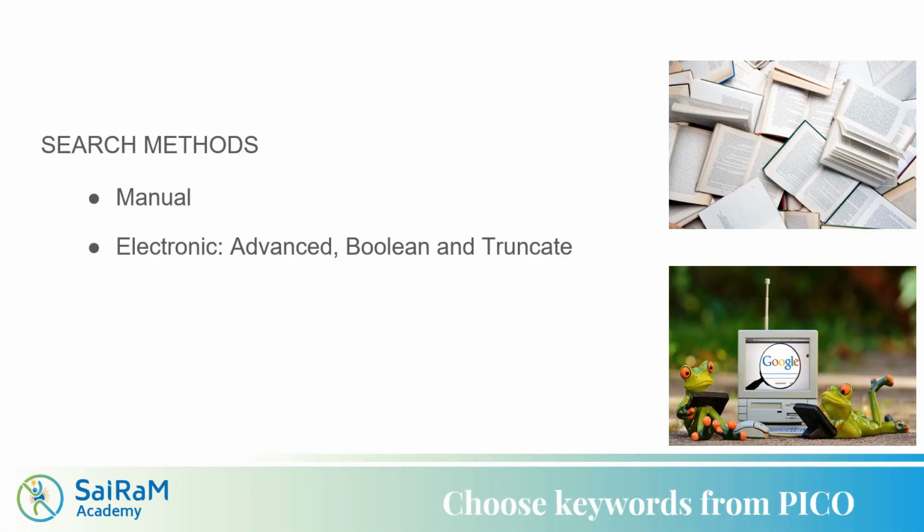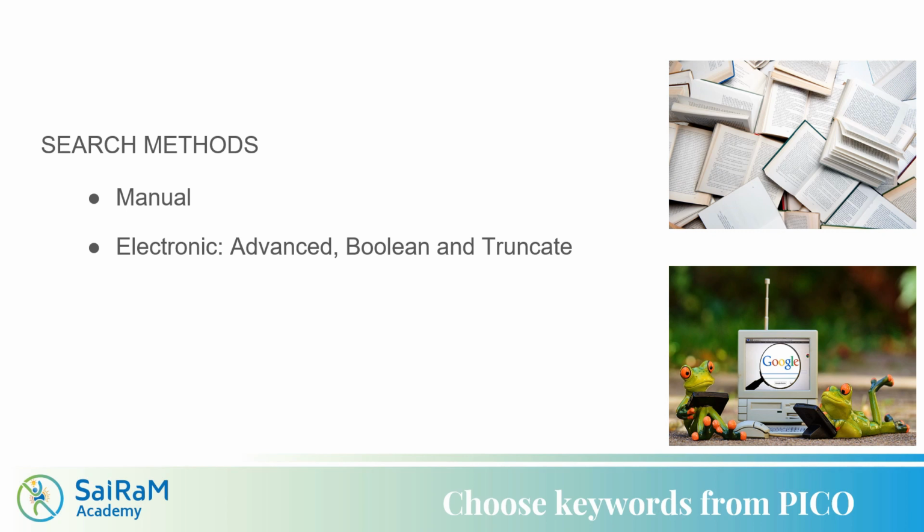So next, here we have the different search methods. These are the 2 common search methods which we often use. One is manual, which comes under books, etc. And next is electronic. This is the common search method that we use at present.